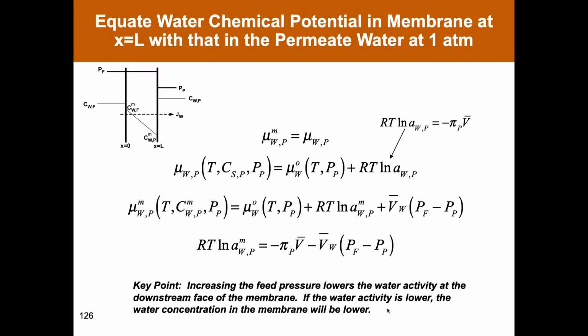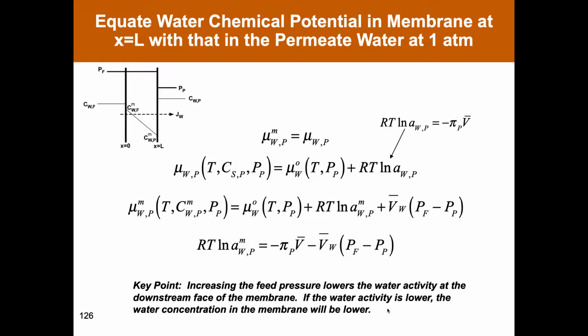We again wind up with a term that, in the permeate stream, if it's not pure solvent but has a concentration of solute in it, will introduce a term that has the activity of the solvent in the permeate side, and this can again be written in terms of the osmotic pressure of that solution in the permeate side.